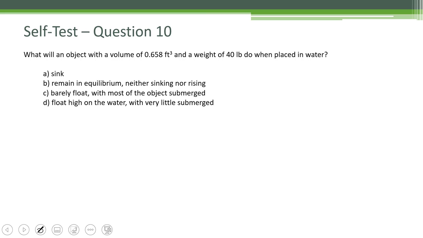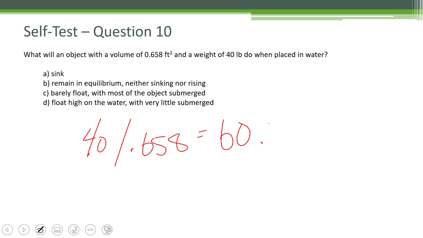Remember, density is pounds per cubic foot. To figure out this object's density, I would go 40 divided by 0.658, which equals 60.79 pounds per cubic foot.